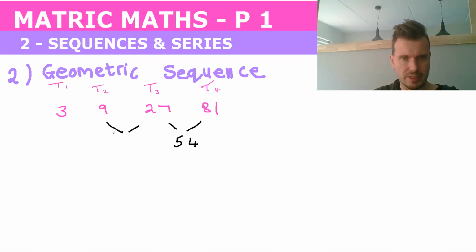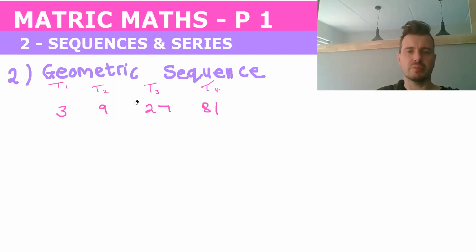And 27 minus 9, we get 18. And so we see that the differences between them are not the same. So we rule out arithmetic sequence and we try geometric.